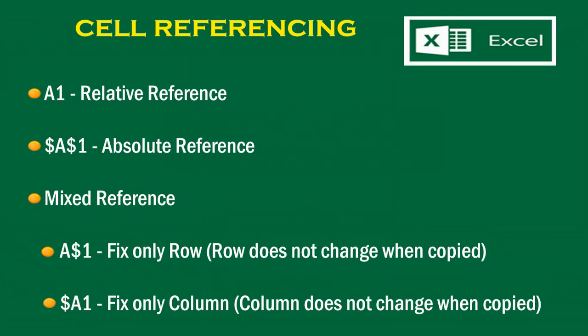Third, in mixed referencing, we will fix either the row or the column. If we put a dollar sign in between by pressing F4 twice, the row will be fixed. And if we put a dollar sign before the cell name by pressing F4 thrice, the column will be fixed.